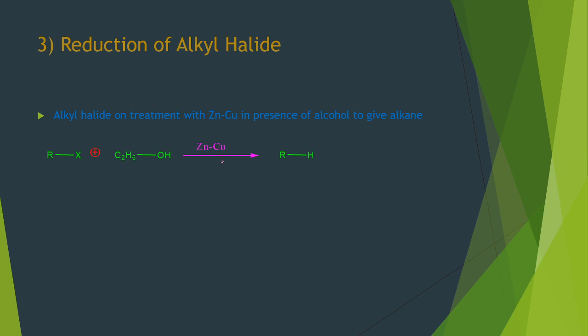Zinc or copper in presence of alcohol, that is C2H5OH, gives alkane. We have to replace this X by H in presence of these two reagents. Therefore, the reagents are zinc and copper and ethyl alcohol.